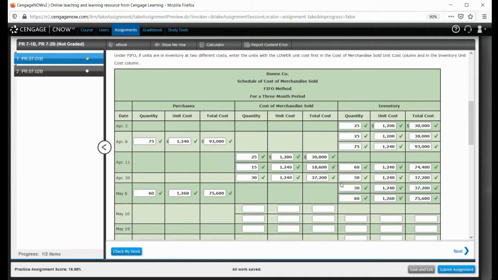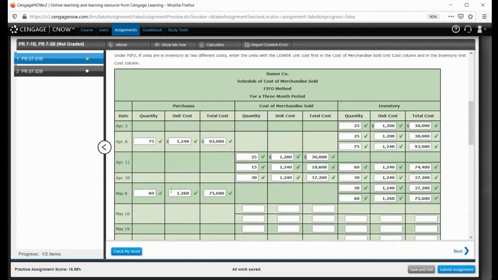This first block is to bring the 30 units down of ending inventory that you had left over from April 30th. The cost of that ending inventory at April 30th was $1,240, and then we multiplied, and the total cost of the ending inventory at April the 30th is $37,200.